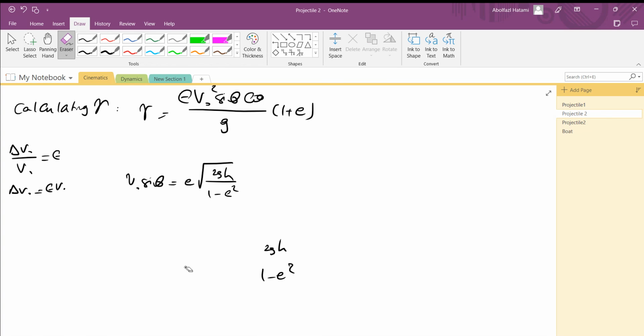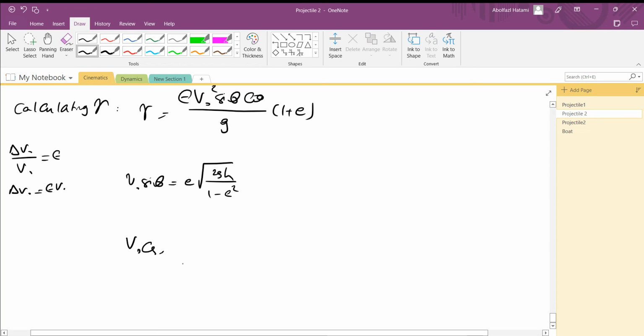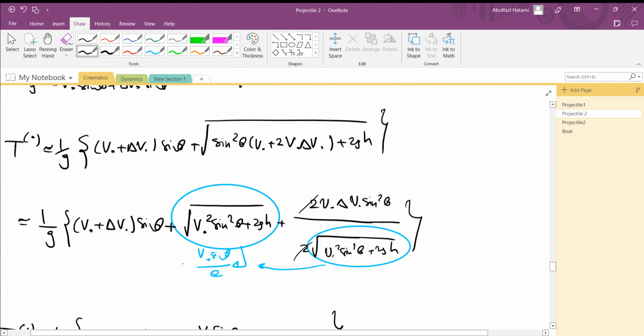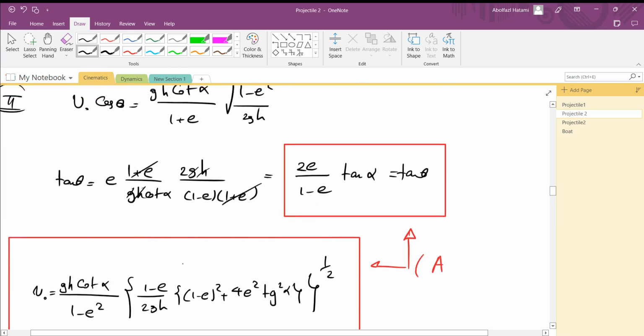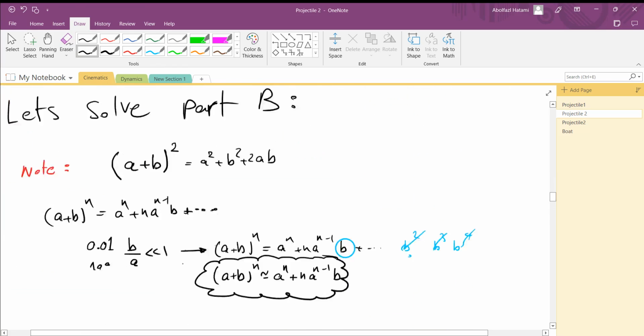If I want to write it, I think I can write it. V0 cosine of theta was just, I think, the square root of gh cotangent of alpha divided by 1 plus e, and the inverse of this term over 2gh. I think it was something like this. Let me see. Yes, it was this.